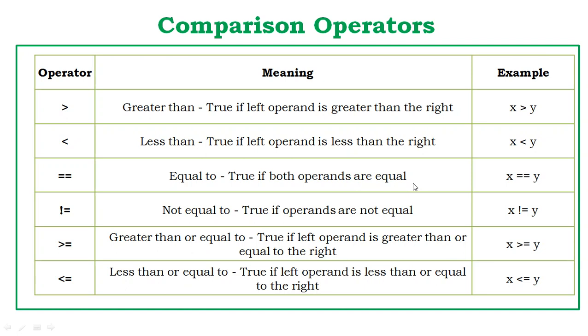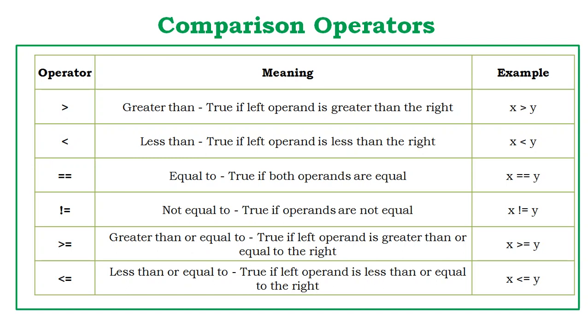It is true if both the operands are equal, means the term on the left hand side and the term on the right hand side. If both are equal, only then the answer is true. Otherwise, the answer is false. If I write single equal to, then it assigns the value only.